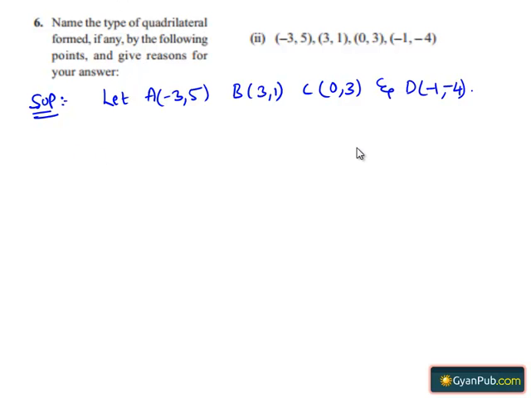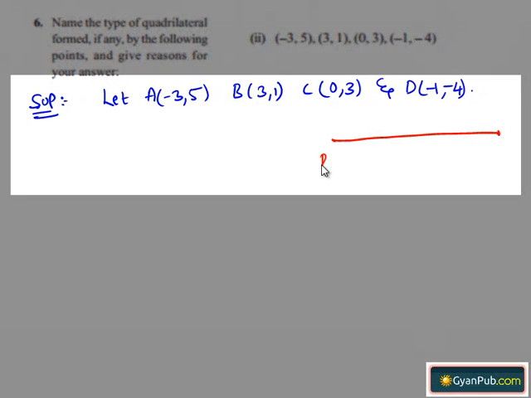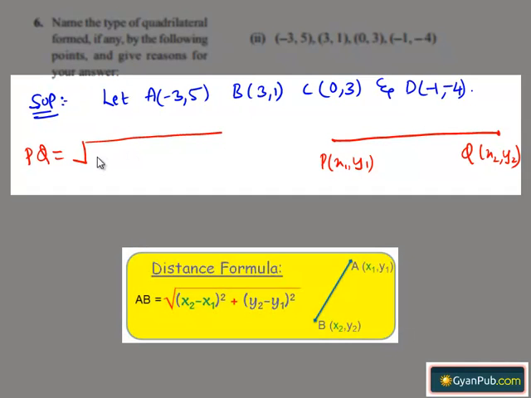We know that the distance between two points P (x1, y1) and Q (x2, y2) is given by PQ equals under root of (x2 minus x1) whole square plus (y2 minus y1) whole square.